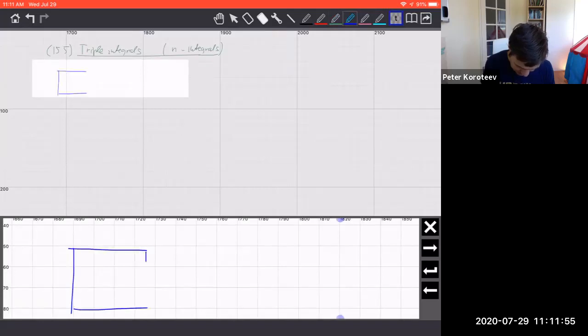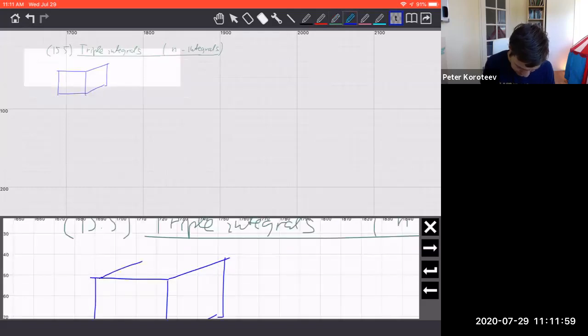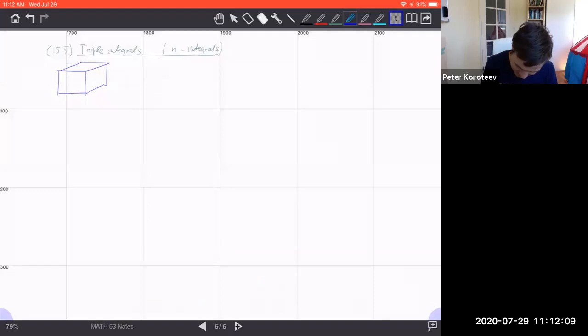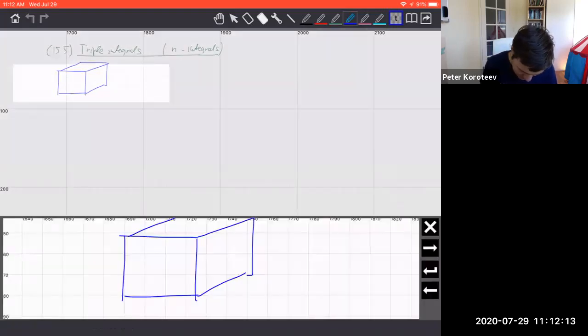So we take a parallelepiped. It's the simplest set over which to integrate, and then we tessellate it, right? So we cut it, slice it into smaller parallelepipeds.